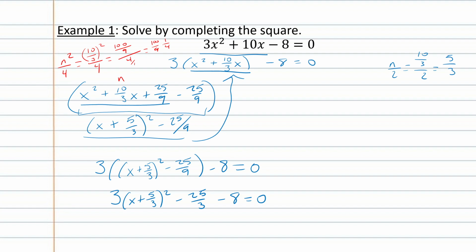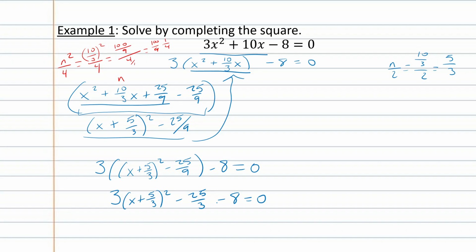I'm going to use mine instead of putting a big fraction out on this form, and see what I get. So 25/3 and an 8 there should give you 49/3.